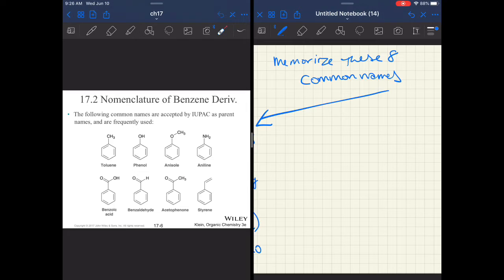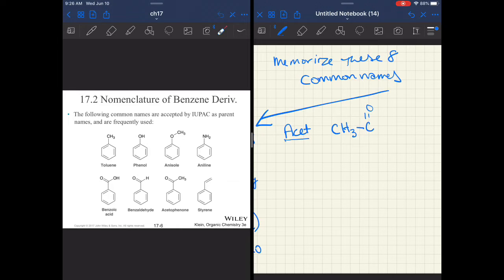Now, if you have a ketone and on one side is a benzene ring and on the other side is a methyl, this is acetophenone, something that you should start recognizing. ACET is always going to accompany a methyl group next to a carbonyl. Acetone just has another methyl group on the side. Acetophenone has a phenyl or an aromatic ring on the other side. Acetic acid would have an OH.